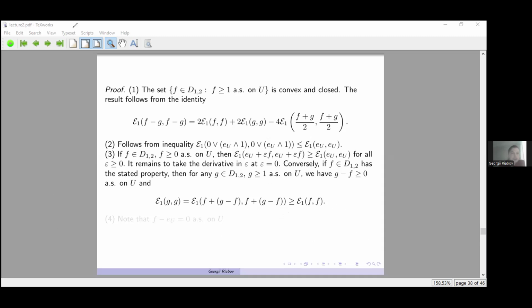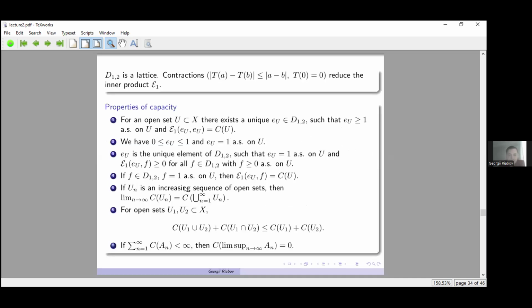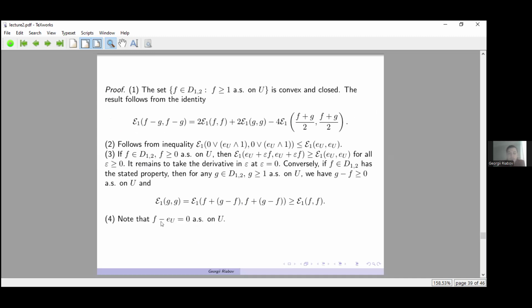Okay, and the property number 4: if f is equal to 1 on the set U, then when we take the difference of f and EU, it will be equal to 0 on the set U. Then consider the product of EU and f minus EU.